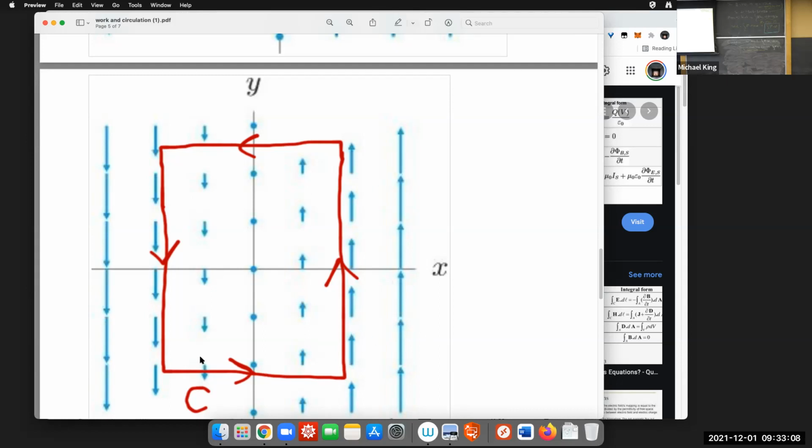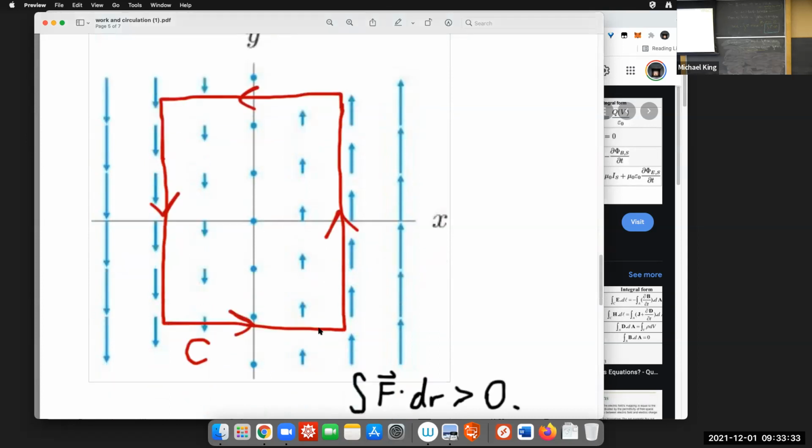Another thing you can do is think about a particle in here. If you dropped a particle in here, it would get pushed that way if you're over here, but over here it'd get pushed the other way. Those are opposite ways. It's almost like throwing a curveball, where you get a spin effect from the different forces on each side.